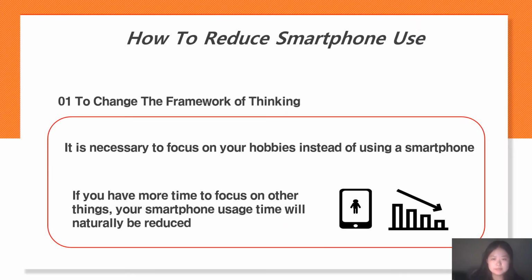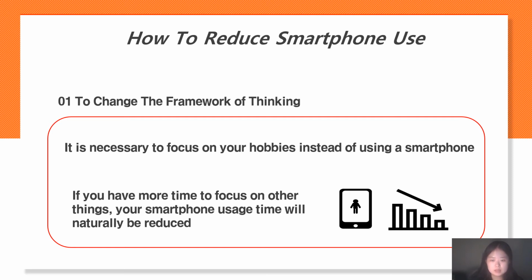Next, let's find out how to reduce smartphone use. The first way to reduce smartphone use is to change the framework of thinking. It's really hard to cut off the smartphone you've been using and lived with overnight. Moreover, it's even harder if you have fun with more applications.